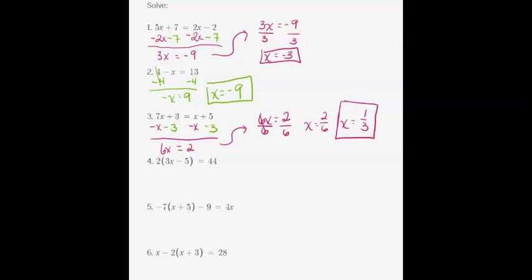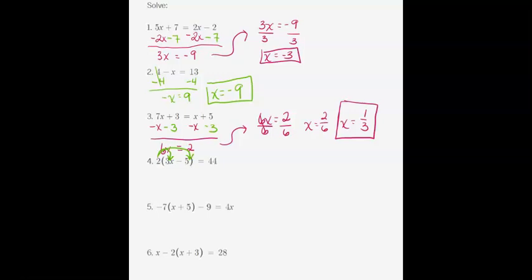Okay, on the next problem, I'm going to have to do something a little differently. I'm going to have to distribute. I can't solve what's inside the parentheses yet because there's a variable, and they're not like terms, so I can't simplify them. So I'm going to have to multiply everything inside this parentheses by 2.